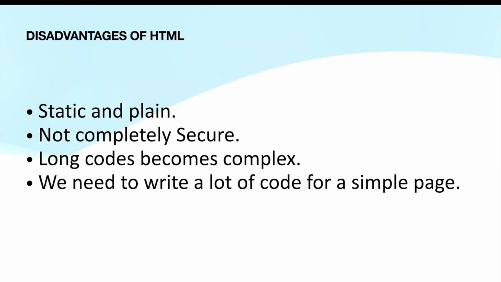You have to write lots and lots of code to write an HTML program, which is connected with the next point, that we need to write a lot of code for a simple page. If you want to create a simple form, you have to write lots and lots of code, which makes it complex. And this is one of the biggest disadvantages of HTML, which people are facing till now.